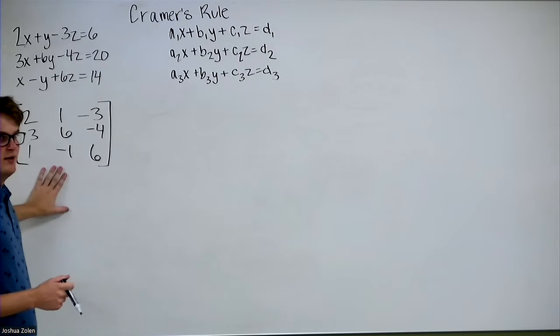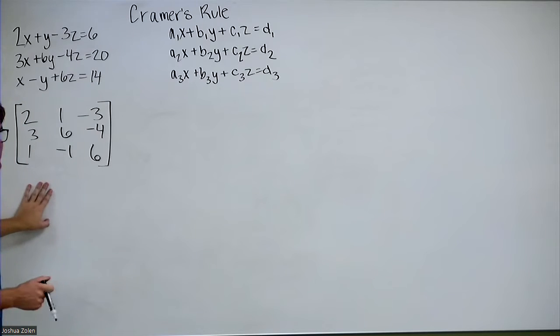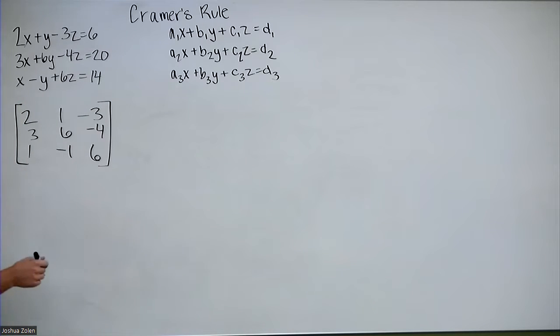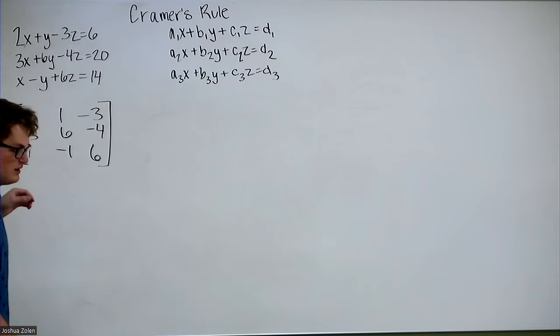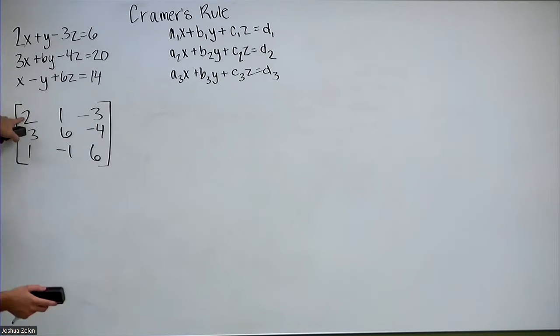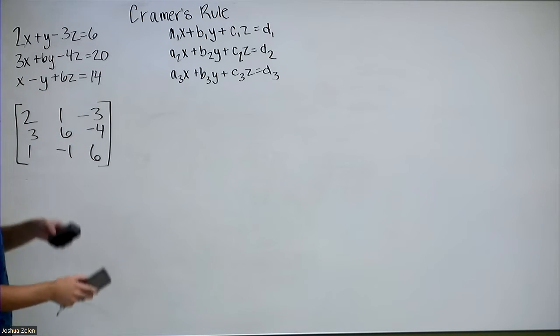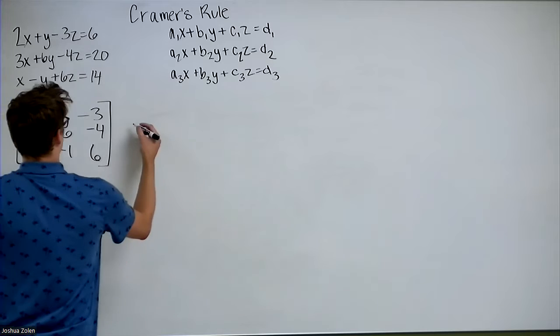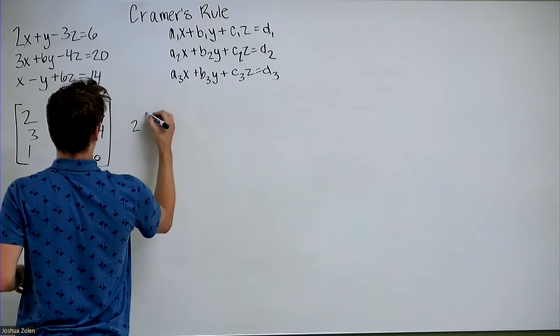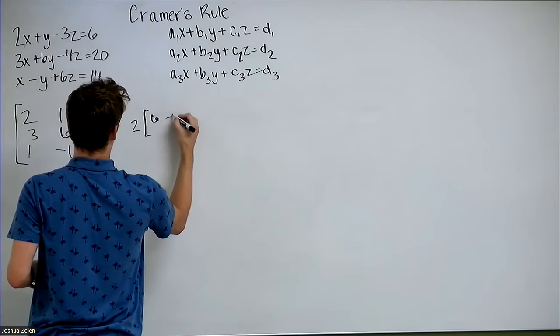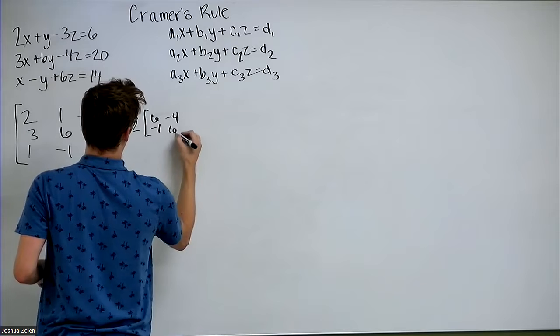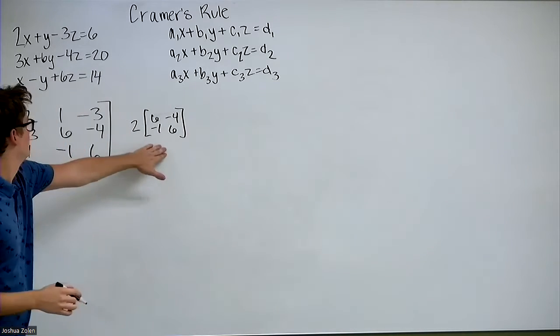So let's first start off by calculating the determinant of this 3 by 3 matrix, which we just did in the last lesson, so we'll go through it pretty quickly. So like we did in the last lesson, we're going to start by emphasizing this first row. We'll start with a 2. So we get rid of the first column in the first row. That leaves us with 2 times the determinant of this matrix.